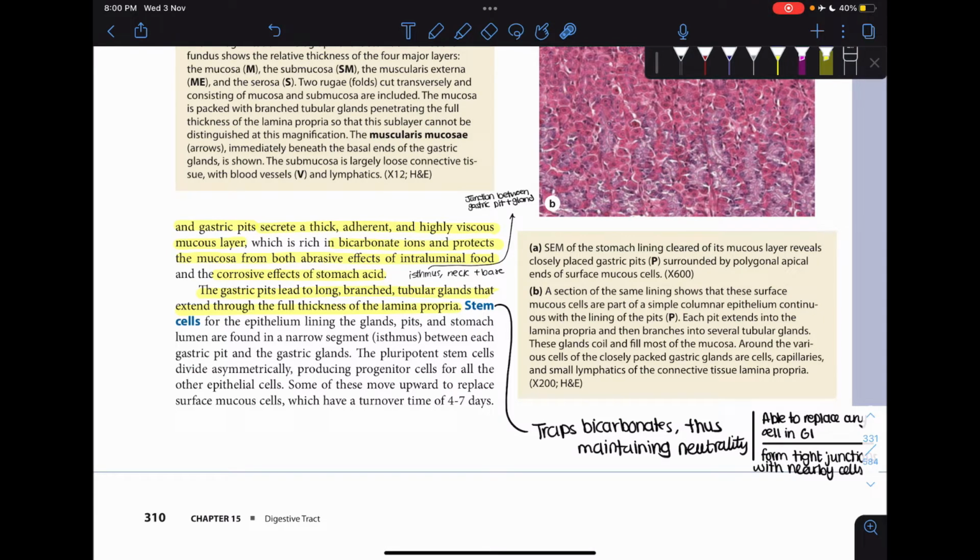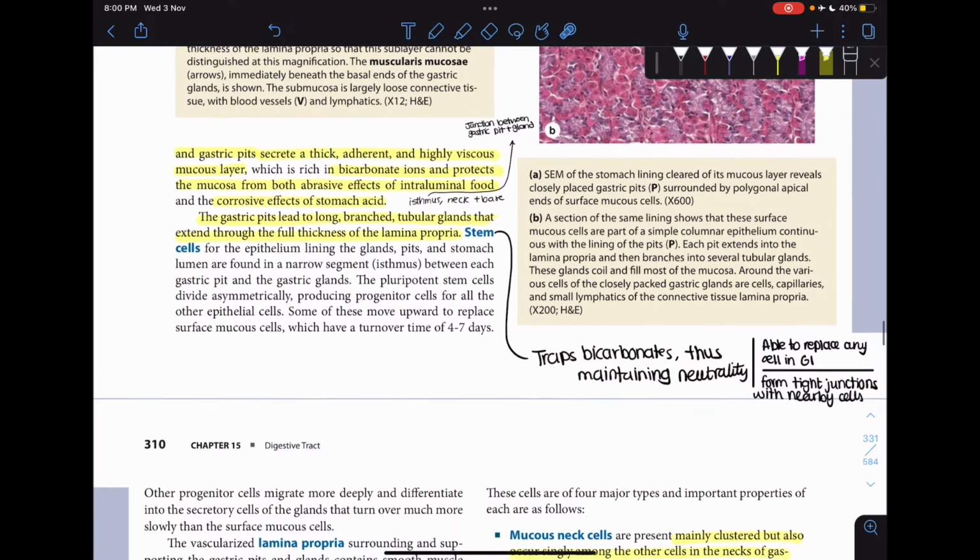So they replace any cell in the GI, actually.